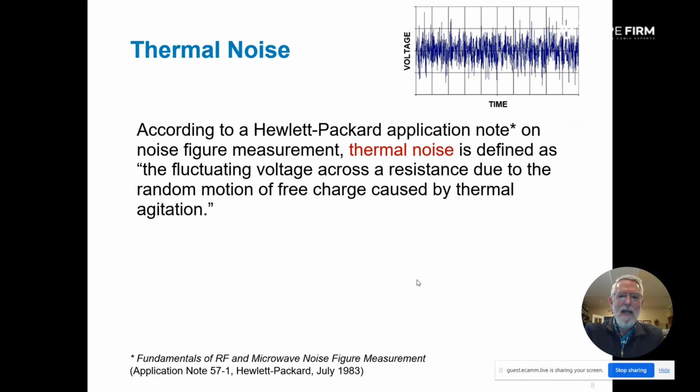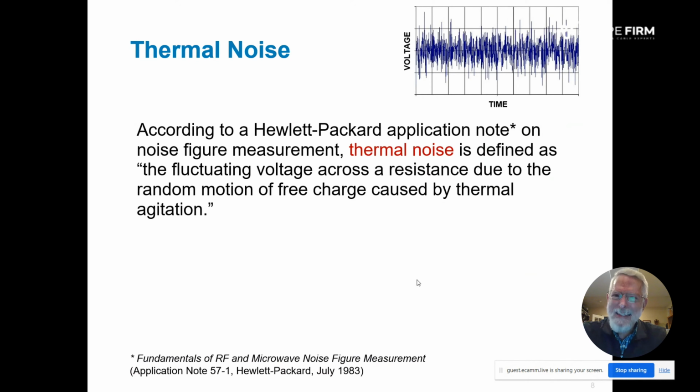There's a really cool application note that HP published way back when. And I think it's been updated over time at Agilent and Keysight. But it's Fundamentals of RF and Microwave Noise Figure Measurement, application note 57-1. Some of this text came from that. And according to that note on noise figure measurement, thermal noise is defined as the fluctuating voltage across a resistance due to the random motion of free charge caused by thermal agitation.